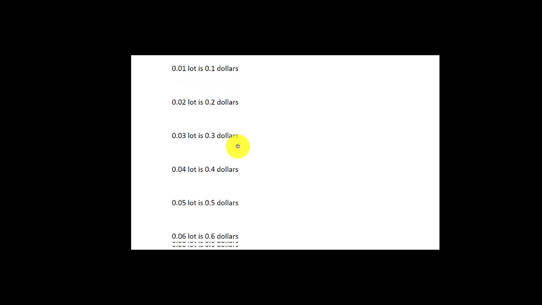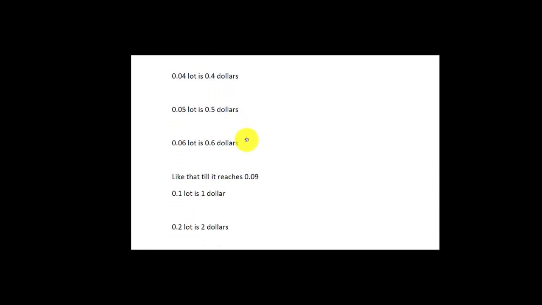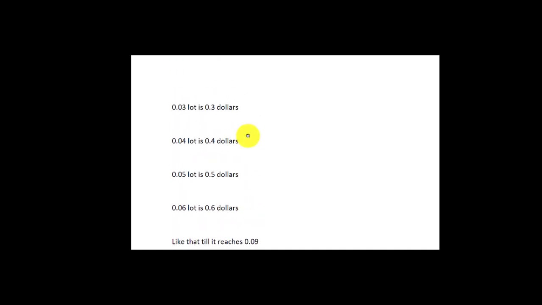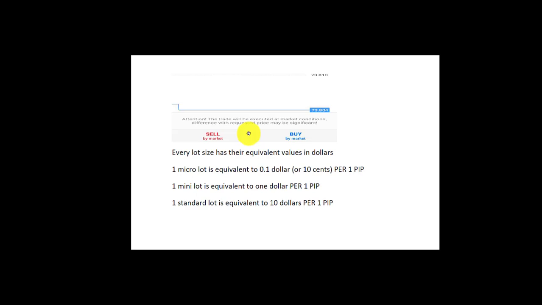So let me give you the formula to convert all lot sizes into dollar equivalent. What is the formula? Whatever lot size you are using, multiply it by 10 and multiply it by the number of pips. Let me say this again. Whatever lot size you are using, multiply it by 10 and multiply it by the amount of pips you are able to take on that trade.